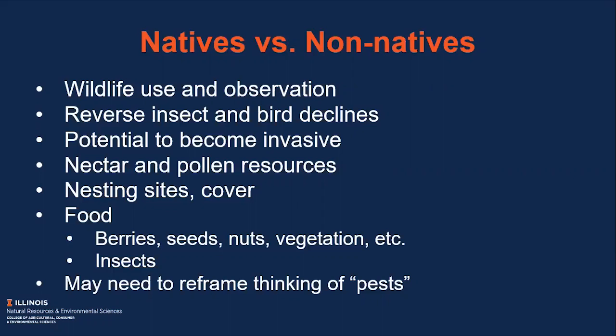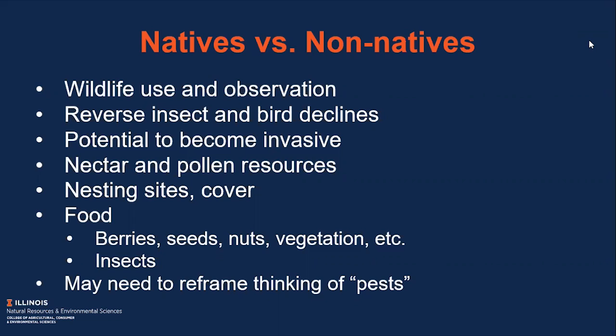So when we're looking at native shrubs, we're looking at what those plants can provide for the local wildlife. Nectar and pollen resources, nesting sites, cover, places to hide, food such as the berries, seeds, nuts, the vegetation itself, stems, and the insects.